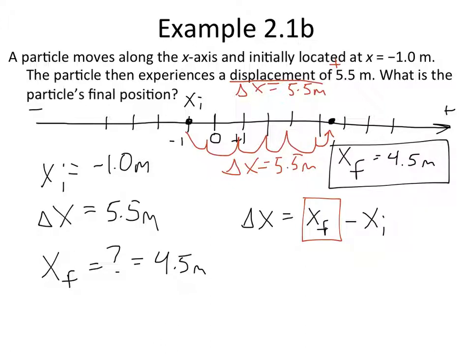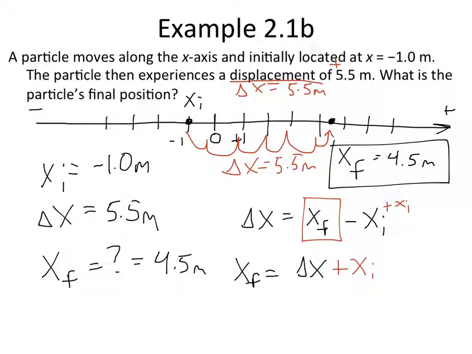Well, we just get the x initial away from it. So we say x final is going to be delta x. I can write this a couple different ways. We'll just add x initial on this side, so we have to add it on the other side. So plus x initial right here.